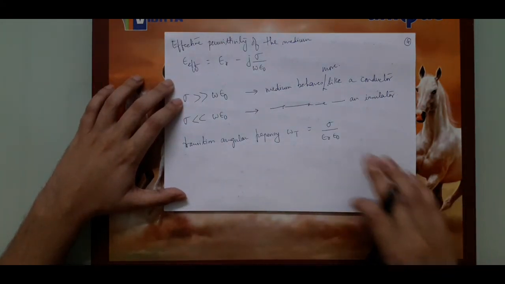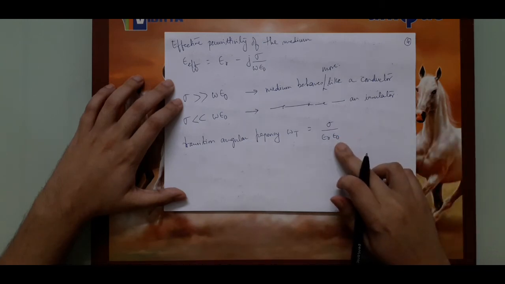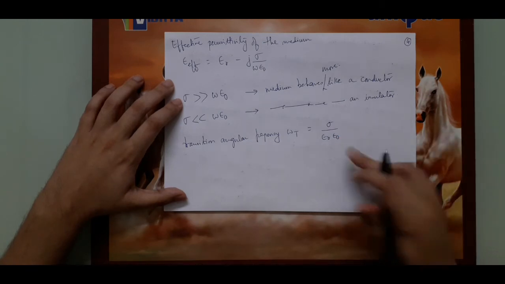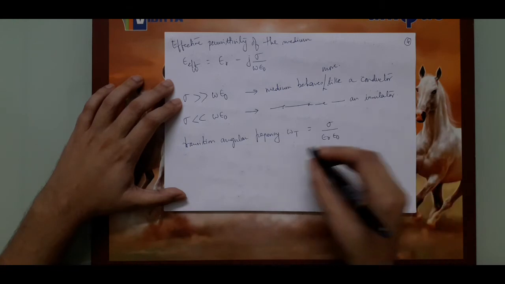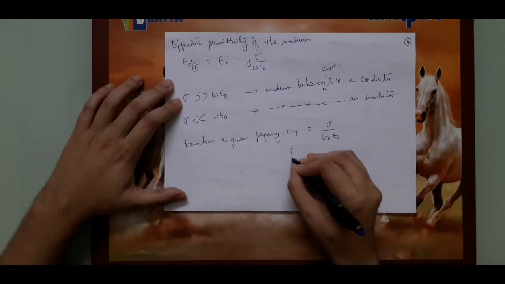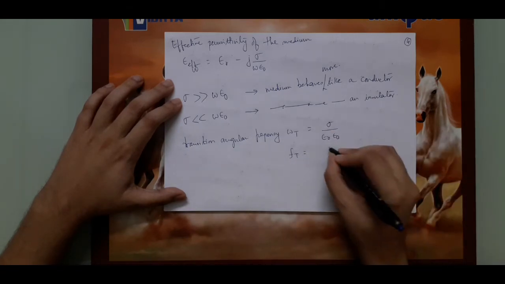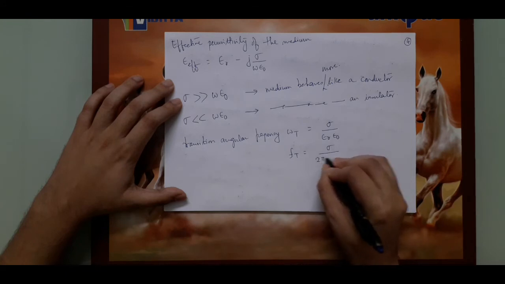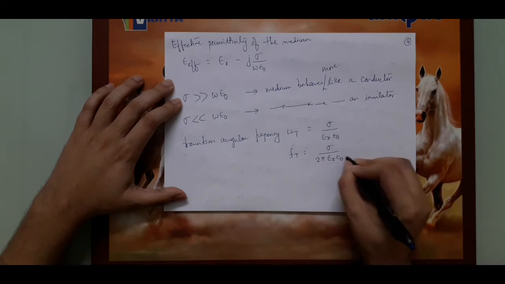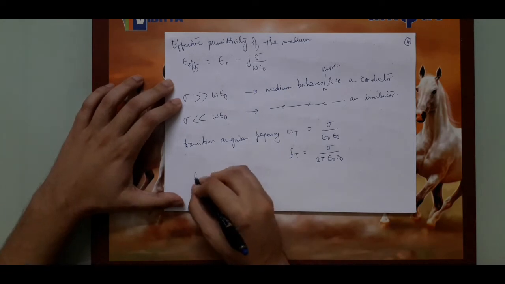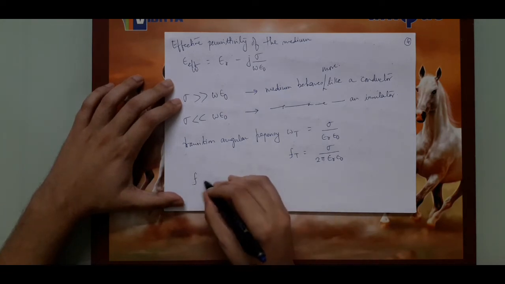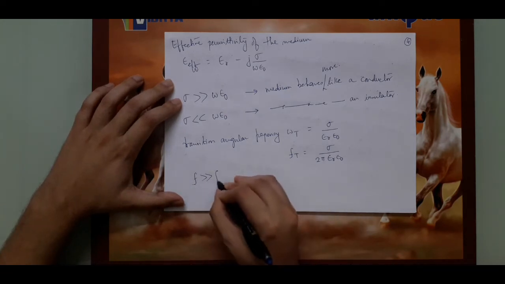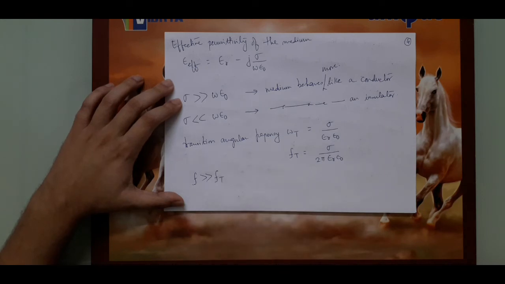Now we can say that if we define the transition frequency ft, it is nothing but omega t divided by 2 pi, this factor will come. So if the frequency of operation of the signal inside the medium is more than ft, then what?